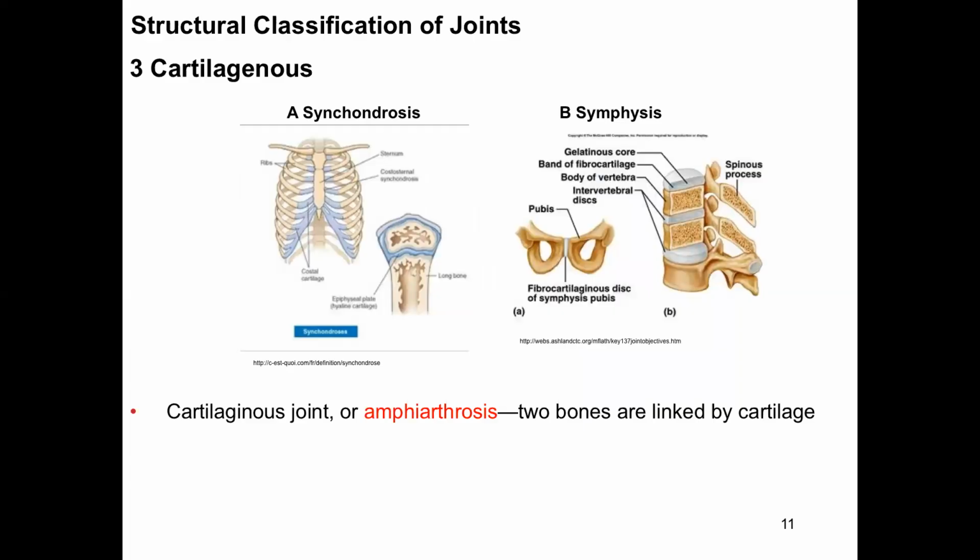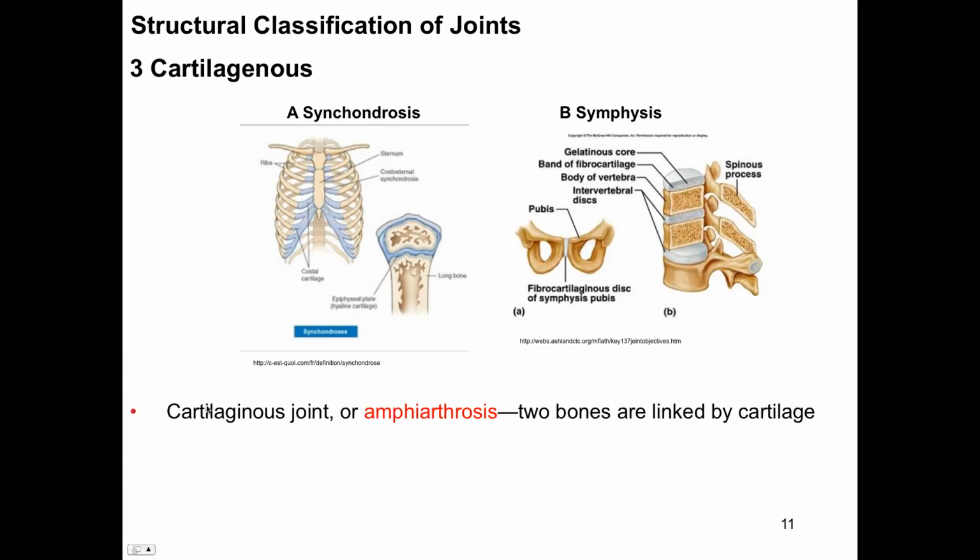Now, the cartilaginous joint comes in two different types. A cartilaginous joint is also called an amphiarthrosis, right? And as you'll see, this is also the functional classification, but I'll bring that up again later. Sometimes the cartilaginous joint is synonymous with this term, which is also its functional classification, which doesn't help when you're trying to learn this, all right?